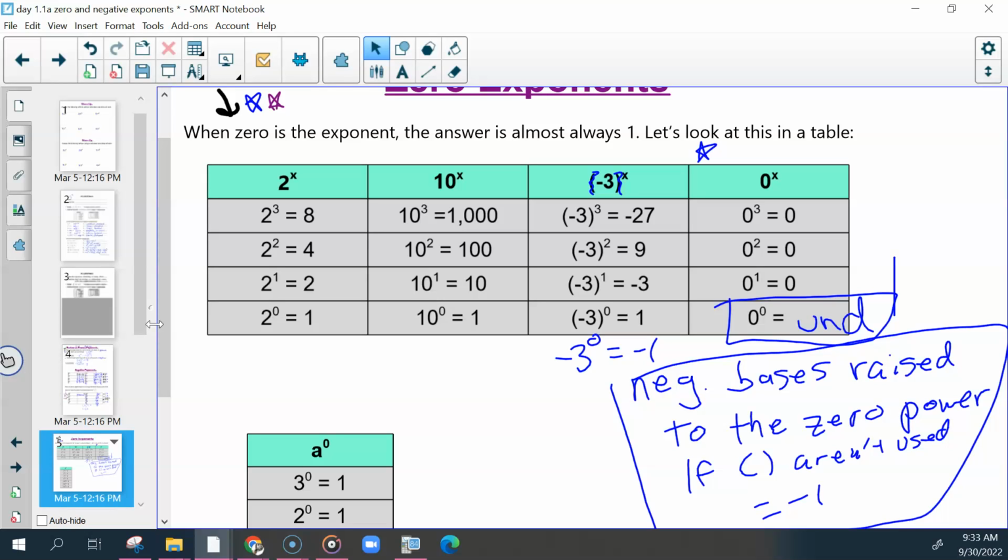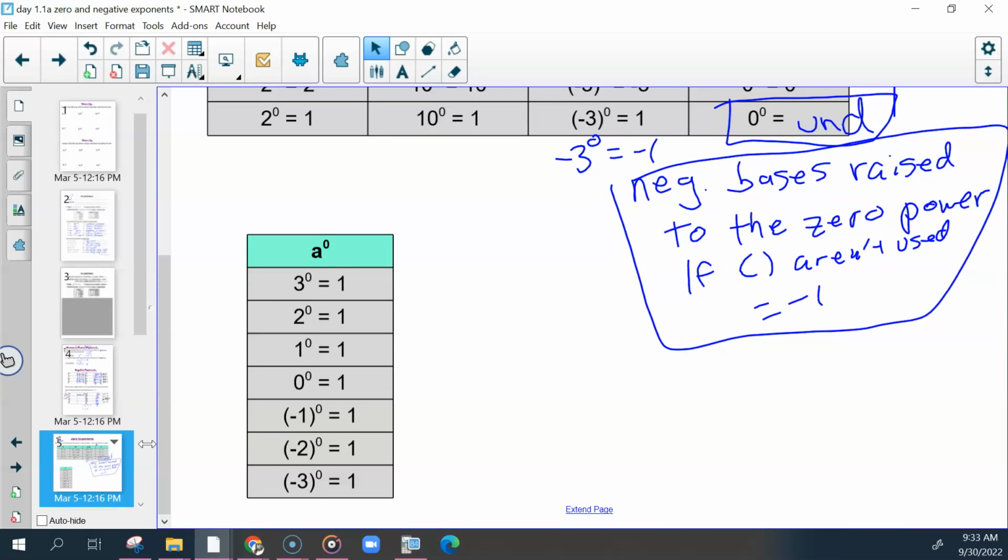But with the zeros is weird, because 0 to the 3rd is 0. 0 squared is 0. 0 to the 1st is 0. So 0 to the 0 should also be 0, but 0 to anything is 1. It can't be both. So then we look at it a different way.